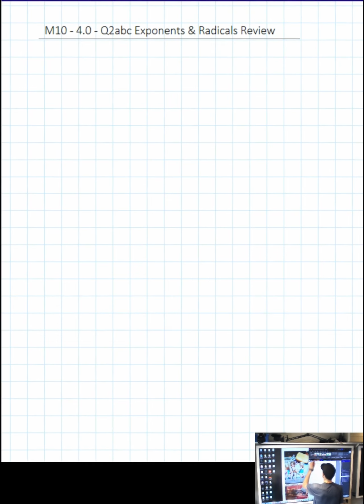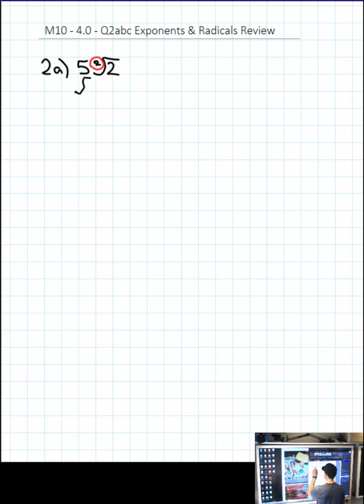Okay, we have question number 2a. 5 square root 2. Now in the last question we learned, because it's a square root, because the index is 2, that means that we need to put 2 5s on the inside.